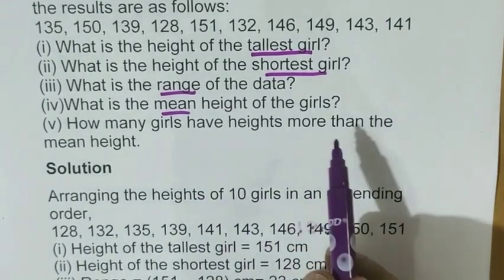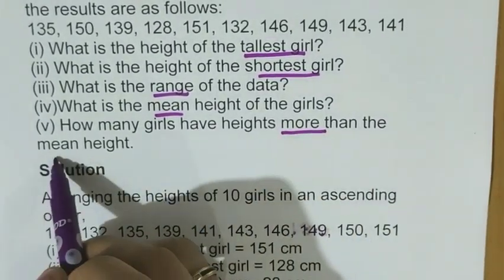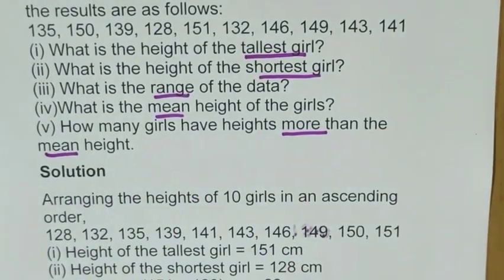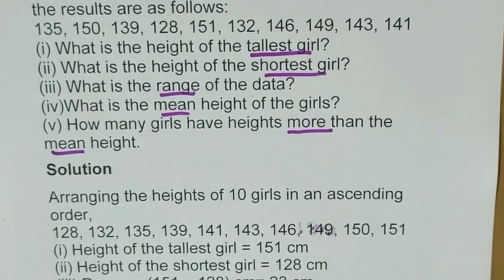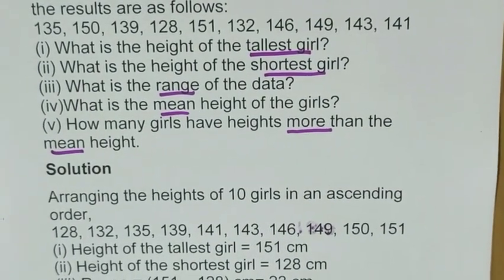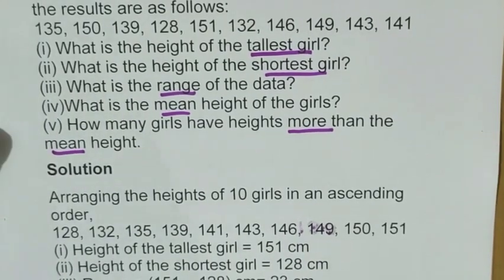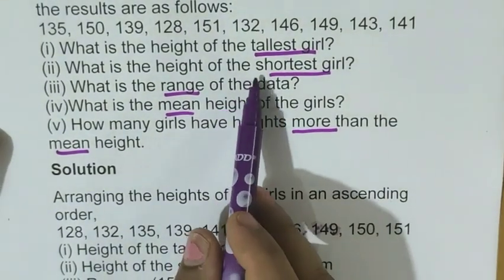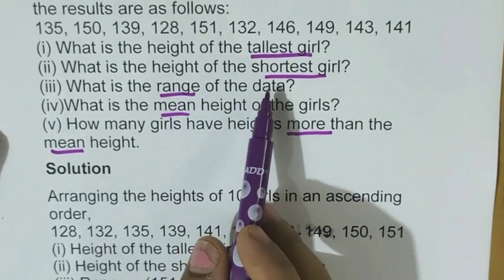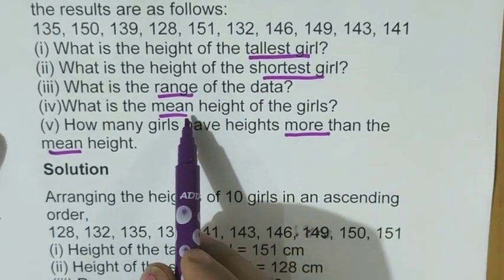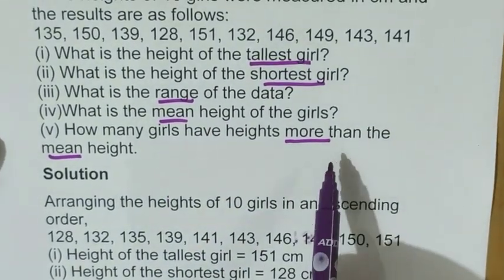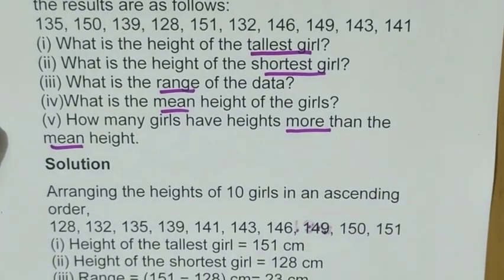How many girls have height more than the mean height? These are the 5 questions they have asked. So what we have to do is arrange the data and identify the height of the tallest girl and the height of the shortest girl, then range, then mean, then how many are having more than mean height.